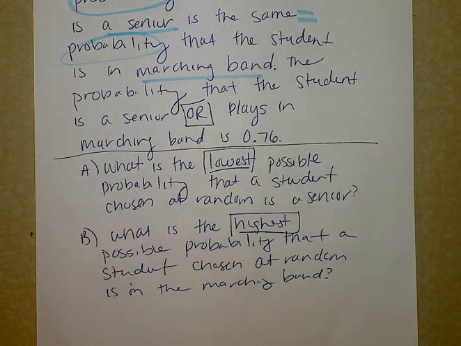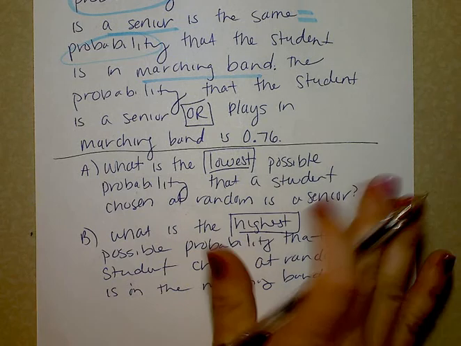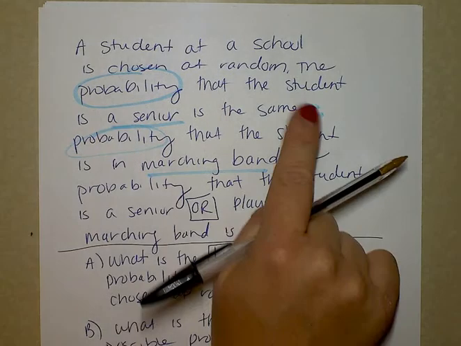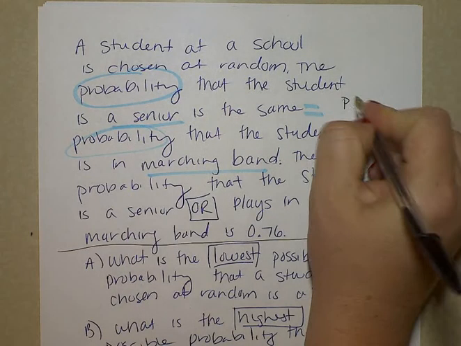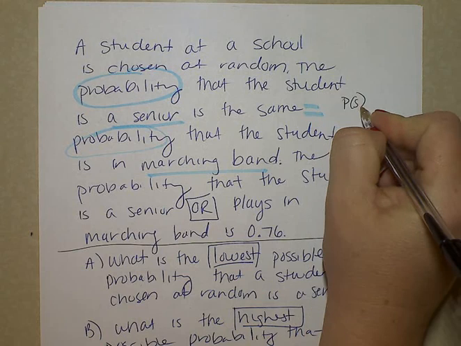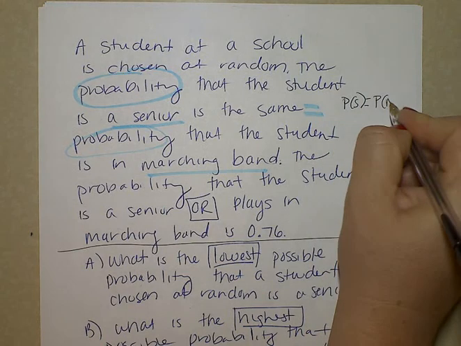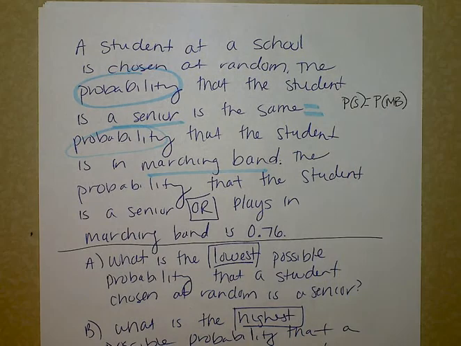This particular problem is talking about being a senior and being in marching band. The key part I underlined says that the probability of being a senior, P of being a senior, is equal to the probability of being in marching band. They're exactly the same.